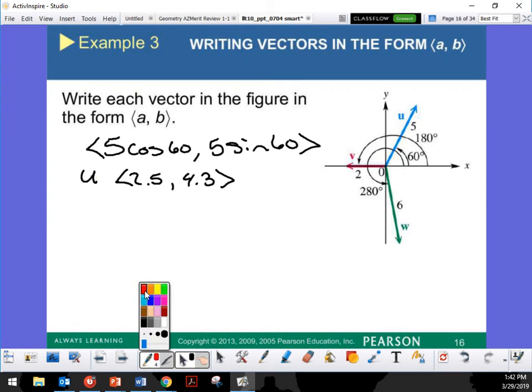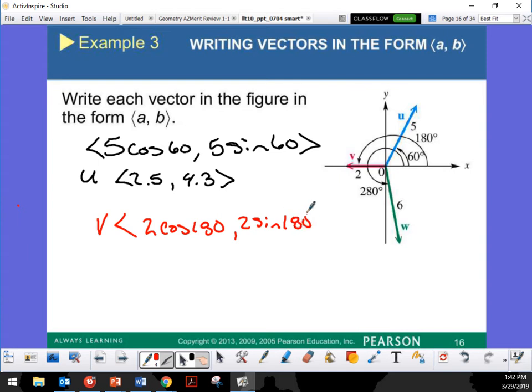Let's do V. It's going to be 2 cosine 180, comma, 2 sine 180. So cosine at 180 is -1, right?